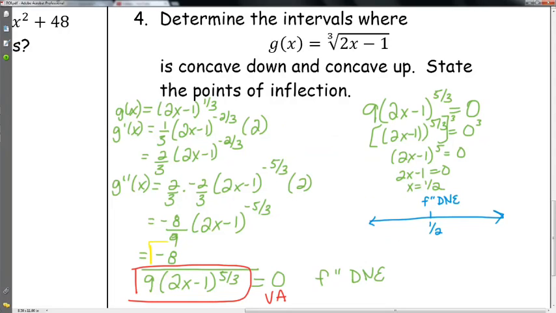I'm going to go back to my derivative. So I have a coefficient of negative 8/9, and then my other factor is this crazy guy right here. Okay, I'm actually going to put him as the denominator version, so you don't have to worry about this negative right here. That part doesn't matter with the sign.